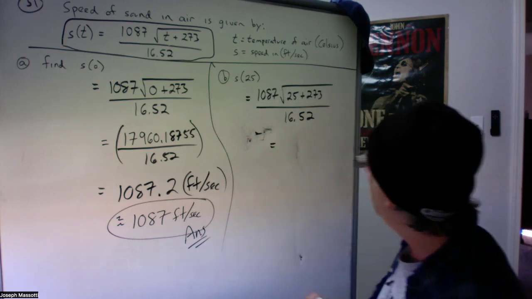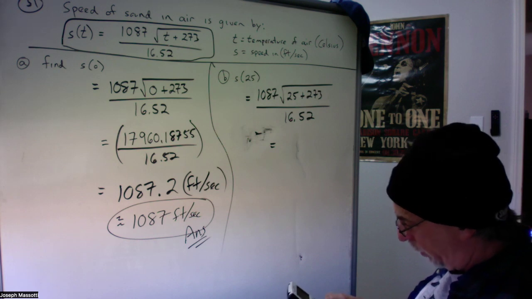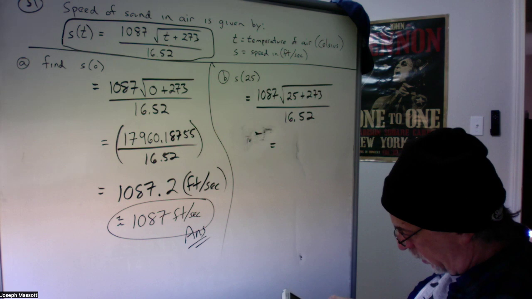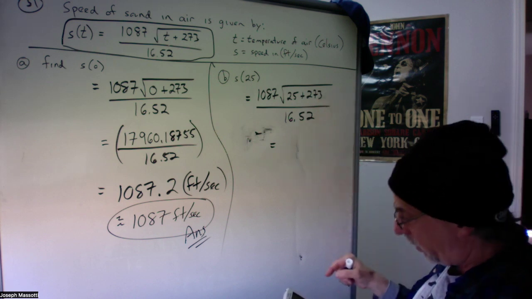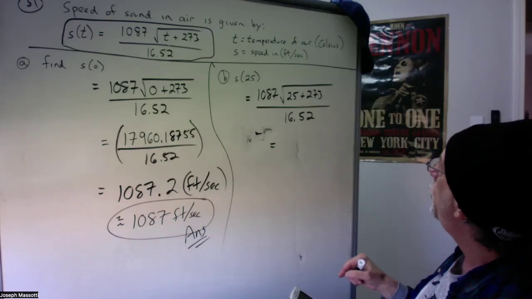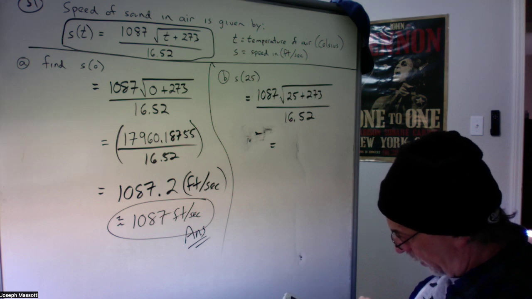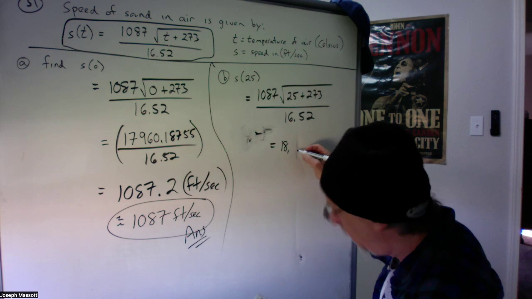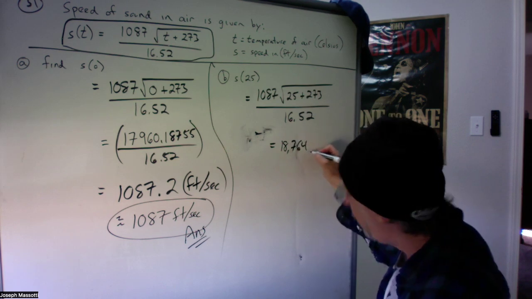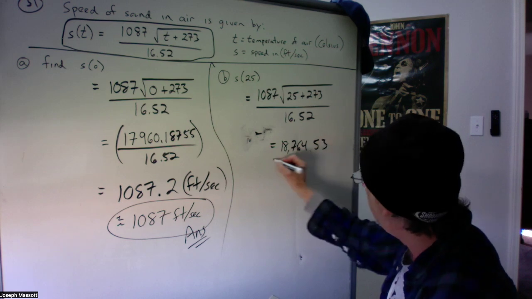So once again, now we're going to get 1087 times the square root of 273 plus 25, which is 298. And that number comes out to be 18,764 and change. I will just say 53.